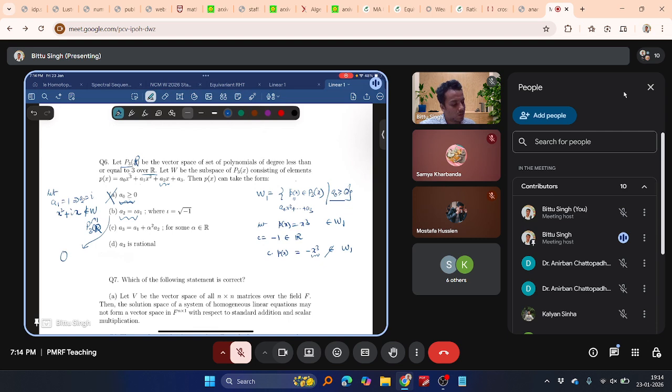So 0 is the only element from P3R which satisfies this condition. If we try to define it by this condition, then this is not possible because there are some elements which do not belong to P3R. So the conclusion is this is not a correct answer.